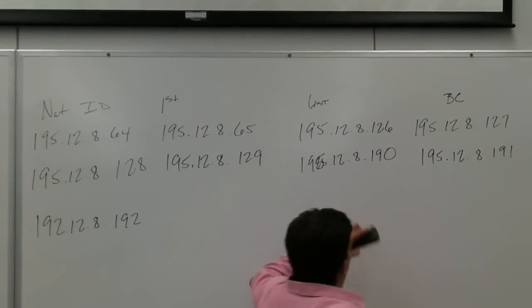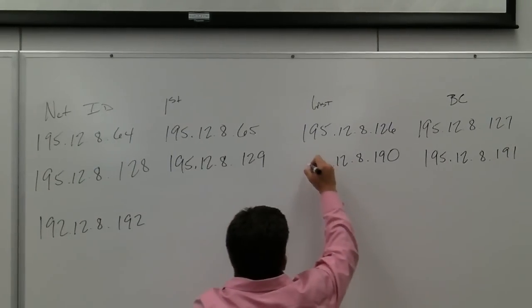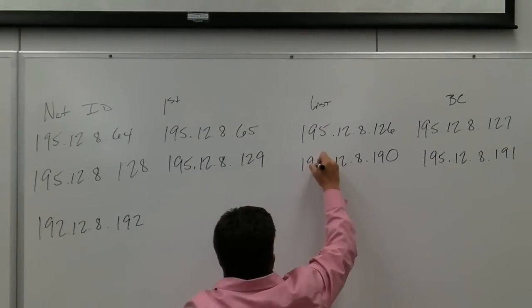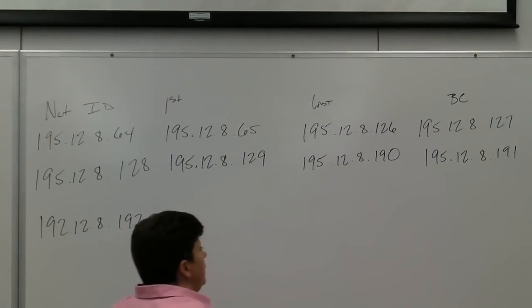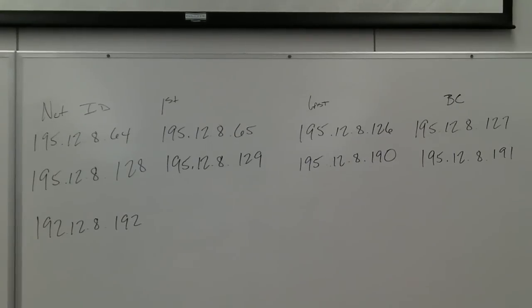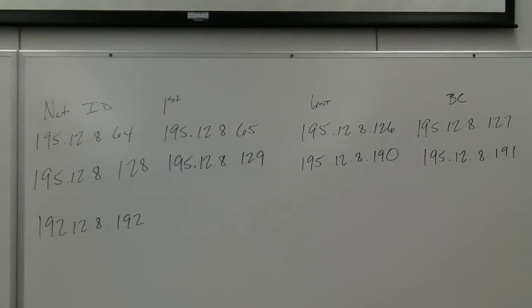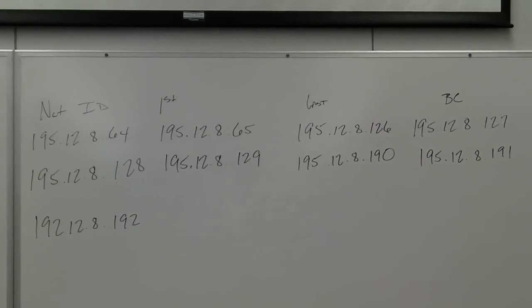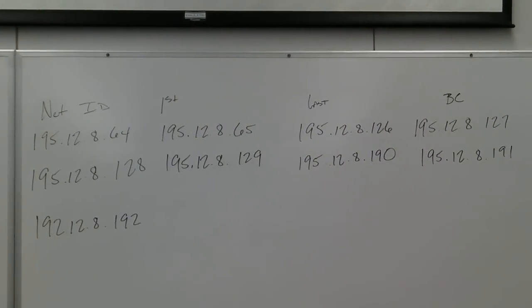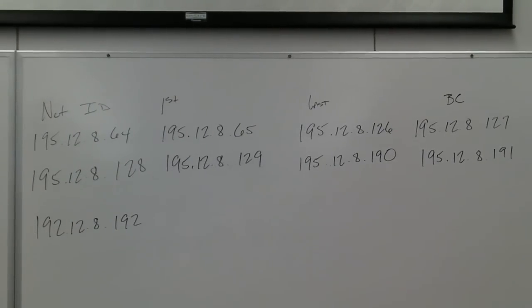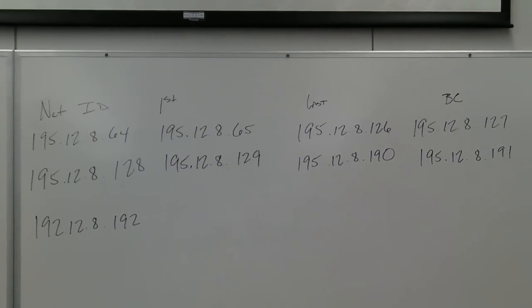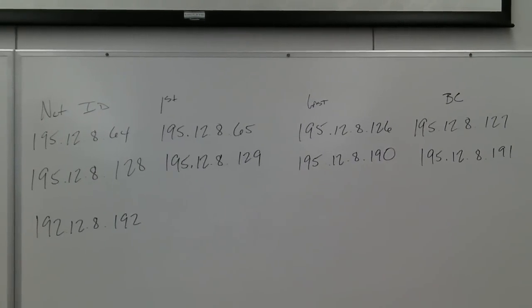Now, every single one of these networks will have at least the 42 hosts that we needed from our 40 plus 2. The question then becomes, though, how many hosts does it really have? There's this formula that you can use. It's 2 to the n minus 2.